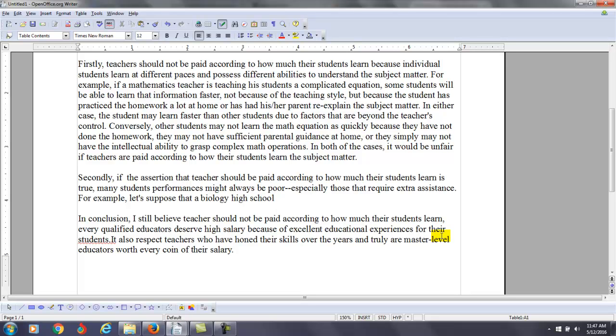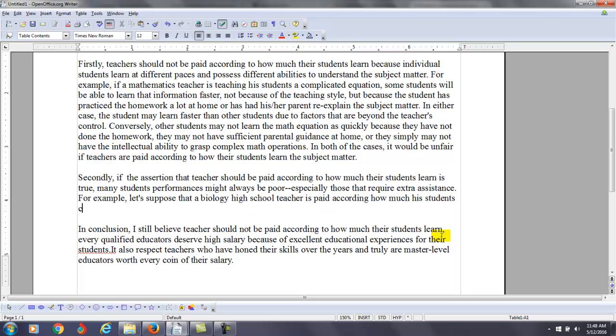So you might say, let's suppose that a biology high school teacher is paid according to how much his students can master the concept, maybe photosynthesis, the process by which light converts sunlight into energy.